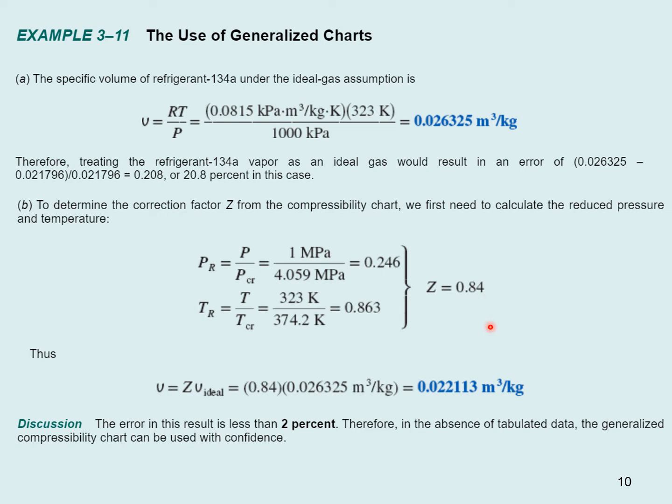Now this chart is very hard to read, so would I get exactly 0.84 from the chart? Probably not. I might get 0.8 or 0.75 or something like that, but it's a rough approximation.